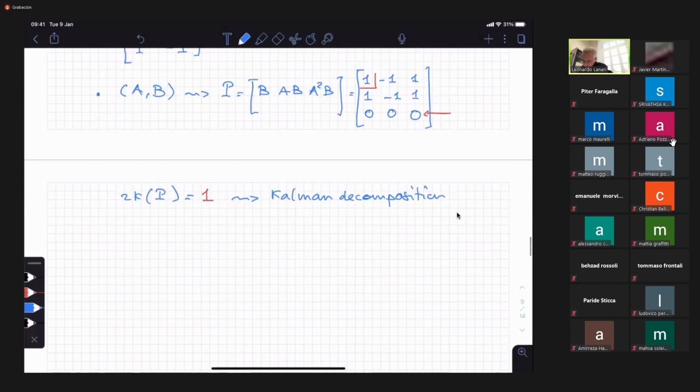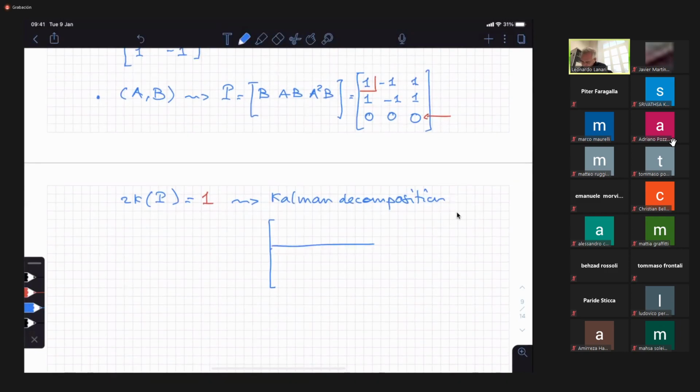the resulting decomposition would have the structure, sorry. So here we would have a 2 by 2 matrix, here a 1 by 1 matrix. So we would have 0, 0, and some other terms here.